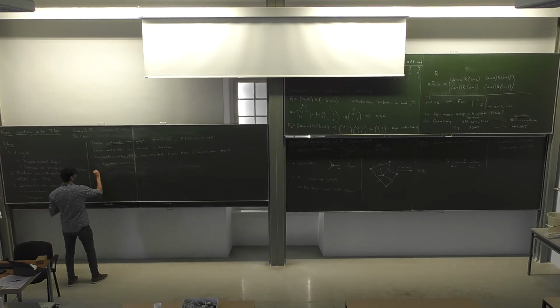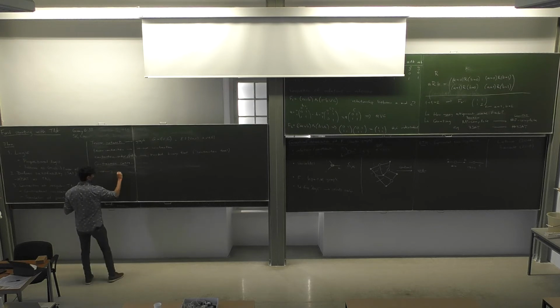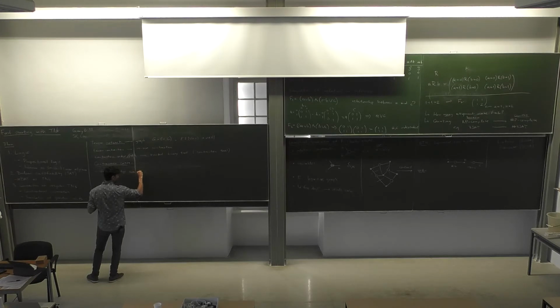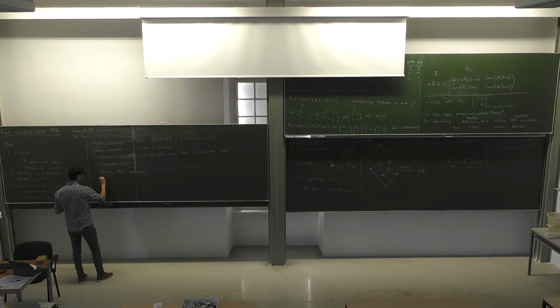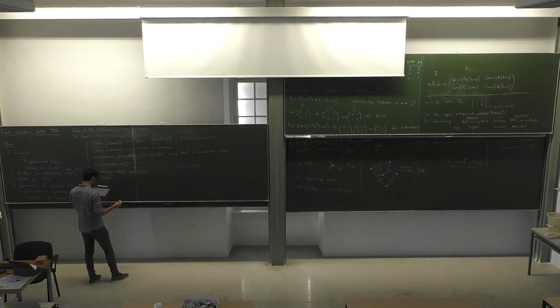If you care about memory, it turns out it's something called edge congestion. If you care about runtime, assuming a typical tensor multiplication cost, then it's something called vertex congestion.